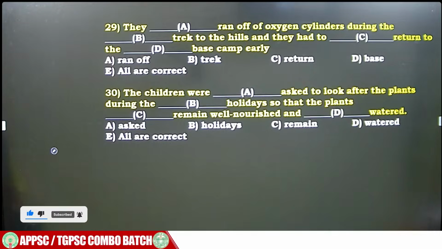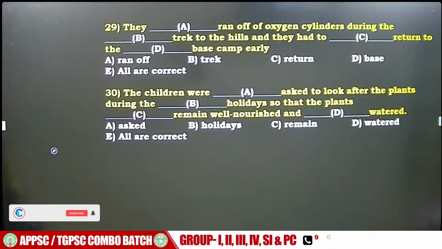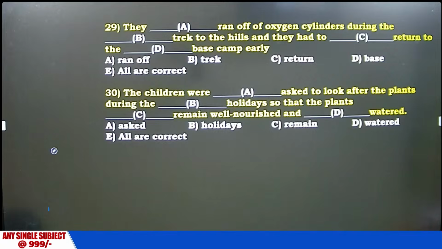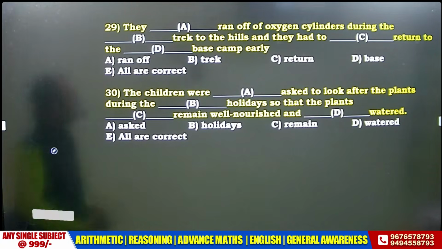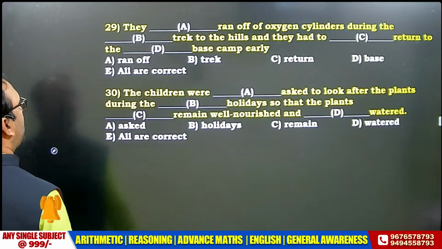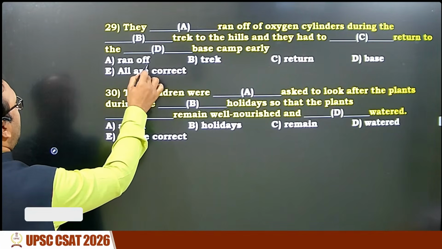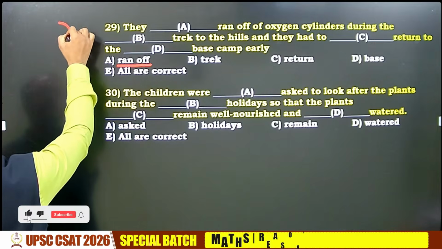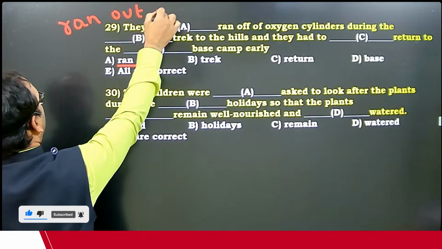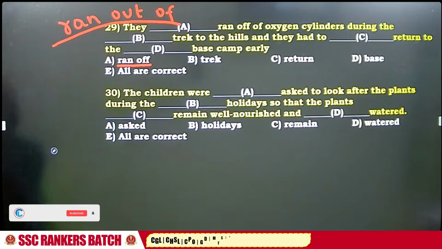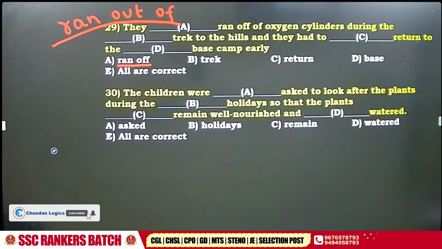So they were actually on a trek, and the problem is oxygen cylinders weren't functioning well. When something is over, you don't say ran off, you say ran out of. They ran out of oxygen cylinders.